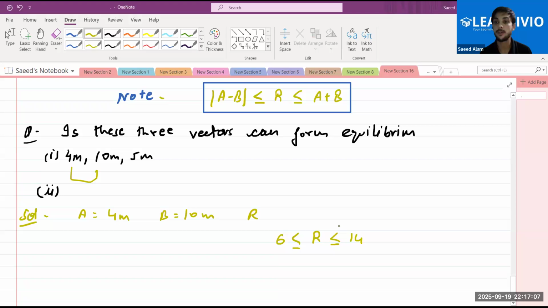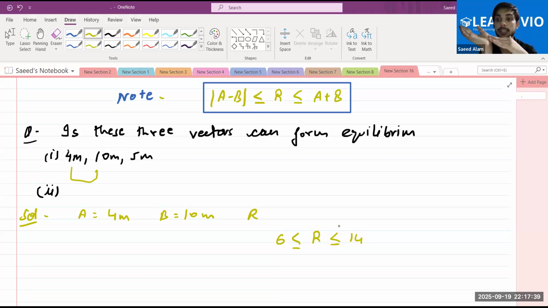So what I have analyzed is that whatever the orientation I take A and B, the R will lie in between 6 and 14. Yes or no? Yes. 6 will be the minimum value, when the vectors form an angle of 180 degrees with each other. If they are forming 180 degrees, they are simply subtracted and we get the answer to be 6.